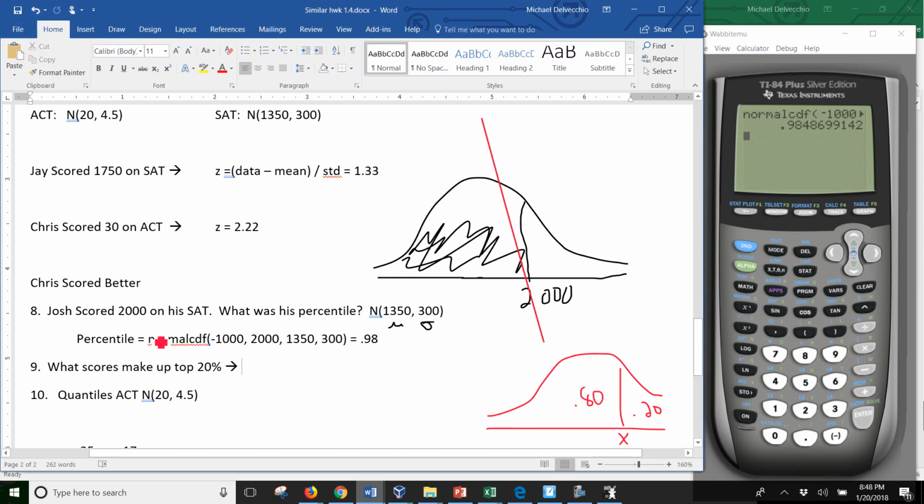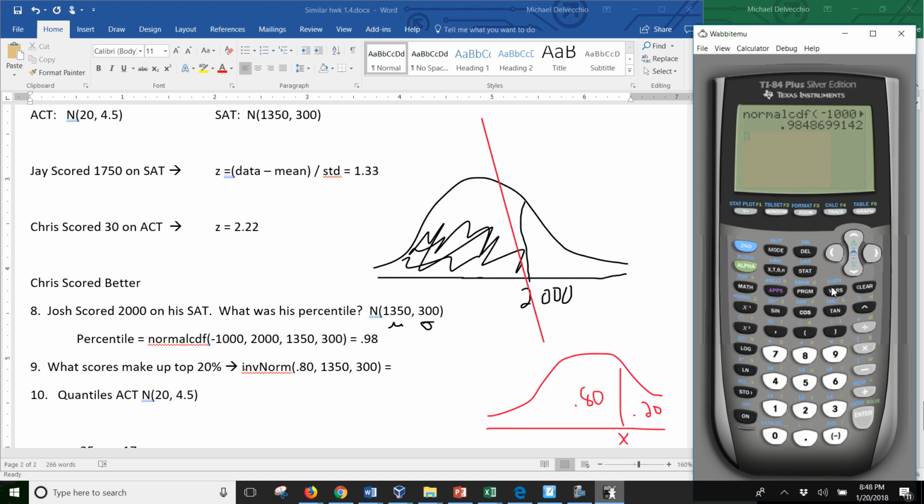So our inverse norm function only goes to the left. So in this case, we'll do 0.80. Again, put the mean and standard deviation since we're dealing with an actual observation and not a z-score. And go ahead and plug in our calculator.